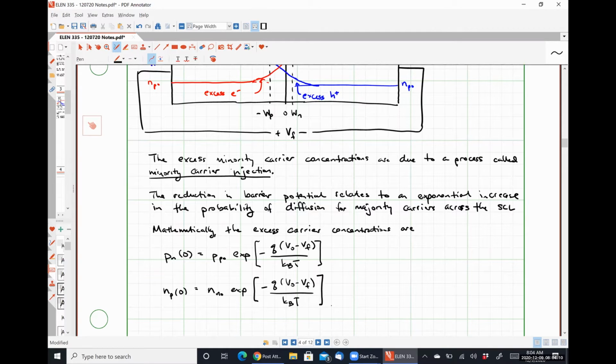If we simplify these to observe only the effects of the applied voltage, our hole concentration becomes Pn0 exp(q VF divided by kBT), and our electron concentration looks like Np0 exp of that same argument.